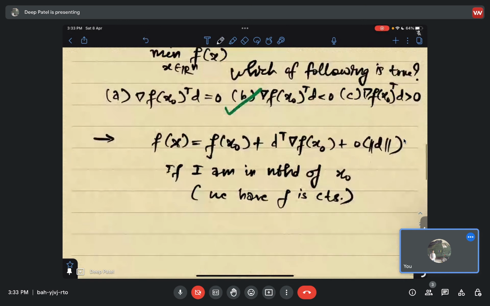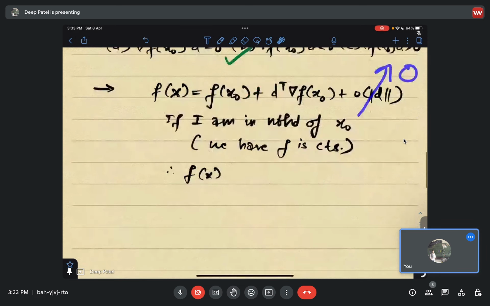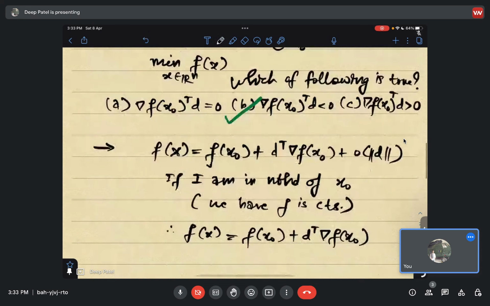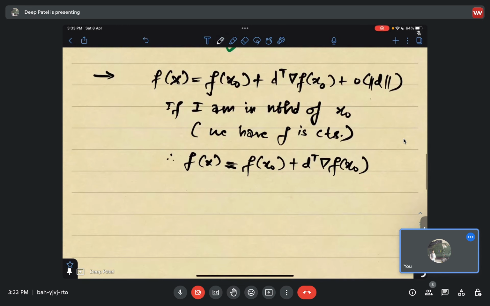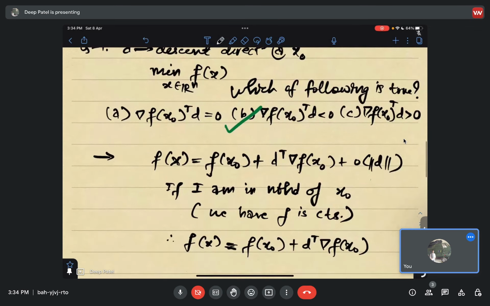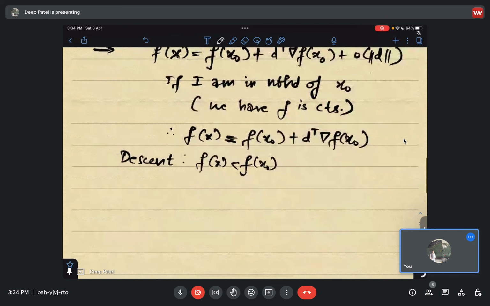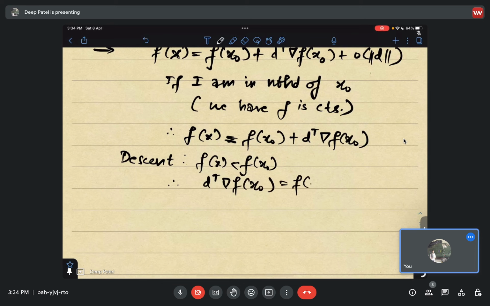Then the small o term goes to 0. And we want a descent, so what we want is f of x less than f of x naught, right? So what do we have? Same thing.